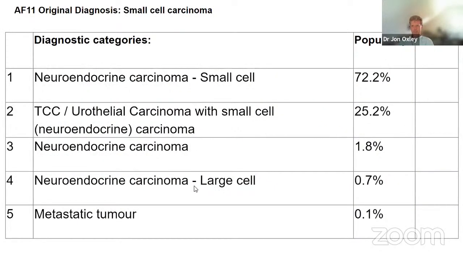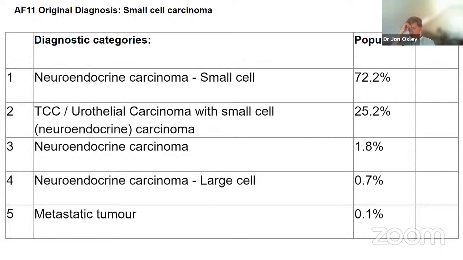Okay, so clearly some people saw that urothelial component quicker than I did. So these two added together, we're nearly at 100%. Neuroendocrine carcinoma again is correct, I suppose, and the large cell again is probably not quite right, but it's in the right ballpark, and they'd be treated exactly the same.